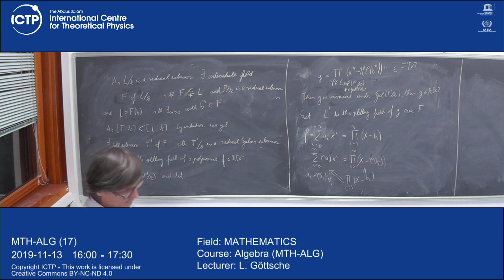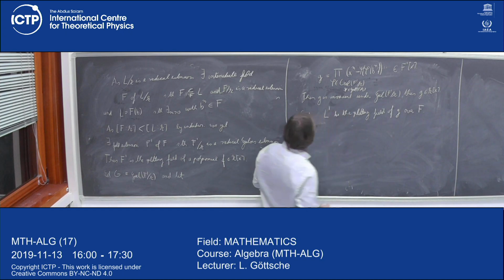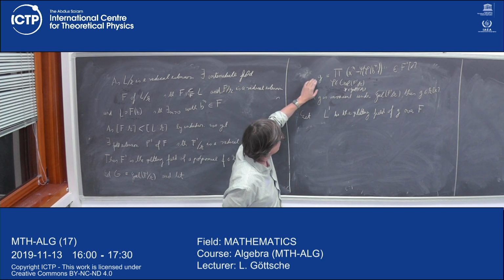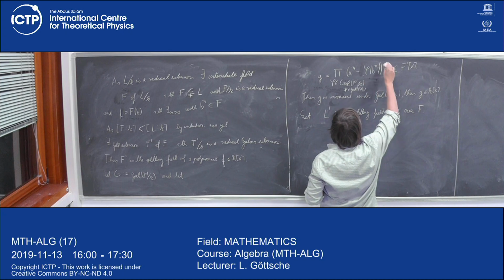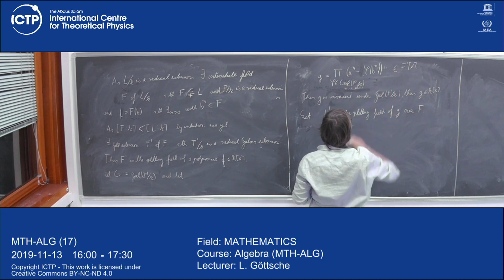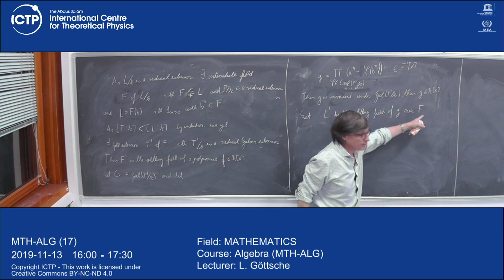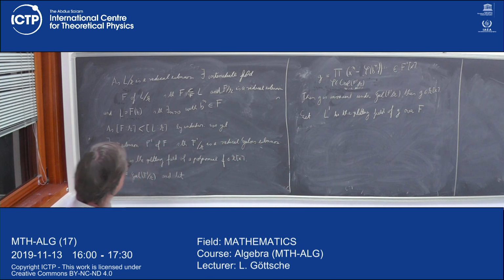Okay, so now let me see where I was. So I take the splitting field of this polynomial here. Obviously now I have to get rid of psi. Of this polynomial over this polynomial f that I had given myself. Now, I claim that does it.